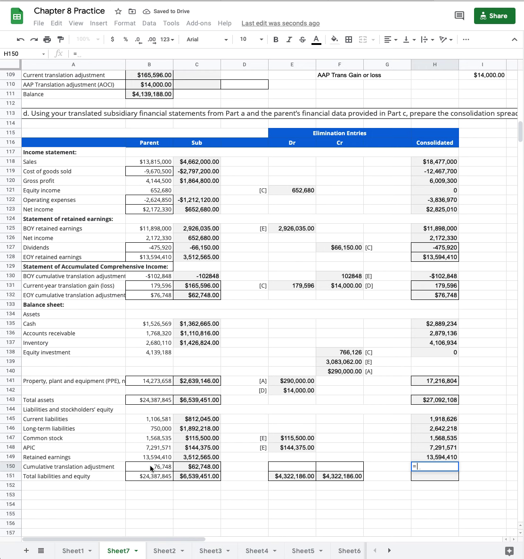Our cumulative translation adjustment is equal to the parent 76,000. And then we'll do a sum here of the liabilities, which matches our total assets. And then we're done.